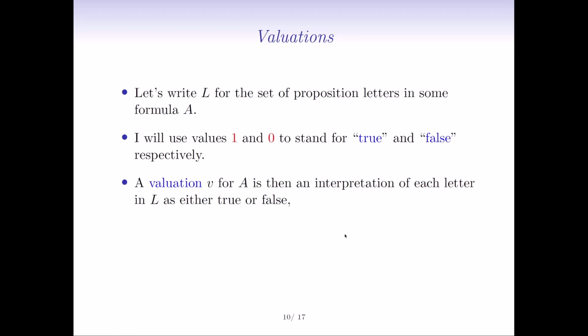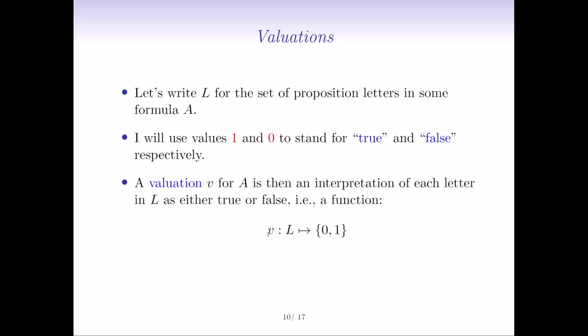And by a valuation V for A, I mean: take all the propositions in A, so for example R, S, and P, and for each one of those, interpret them as having either the truth value true or the truth value false. So in other words, you could think of it as an assignment, a function V from L into the set {0, 1}.